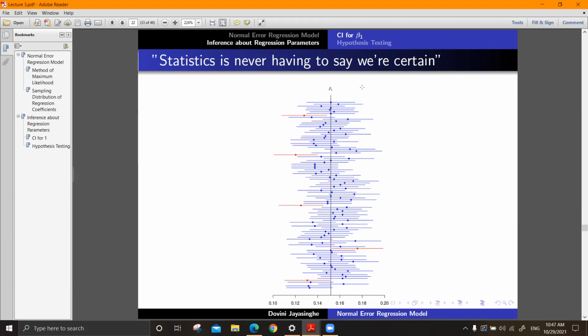So how do you interpret a confidence interval? We are 95% confident that the parameter lies between the two values that we constructed, right? So probability and confidence are two different things. Although it seems to be the same, it is not the same. Again, the probability that a parameter is lying between two values is either 1 or 0.